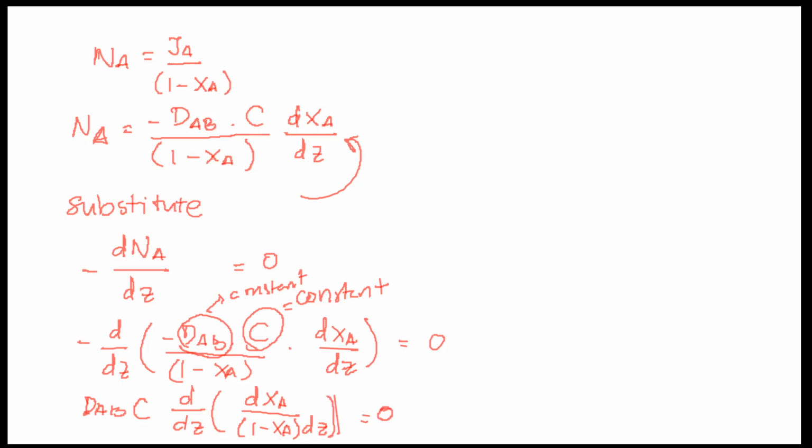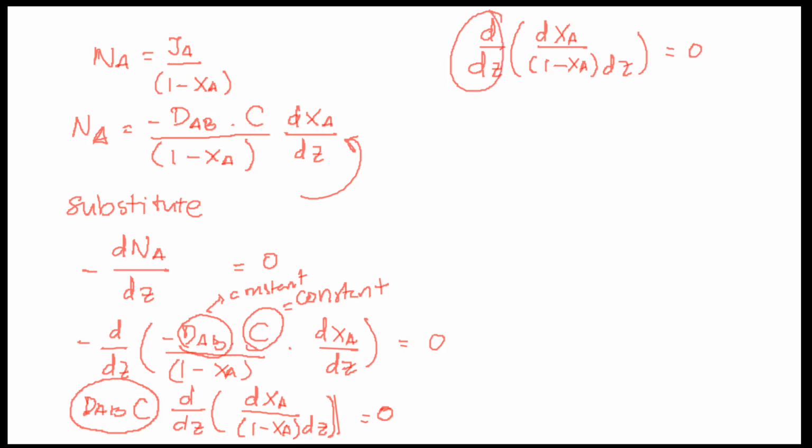Now the diffusivity and concentration are constant, and I can move them to the right side to get this equation: d per dz of dXA over 1 minus XA dz equals 0. The first integration will give us dXA over 1 minus XA dz equal to constant C1.